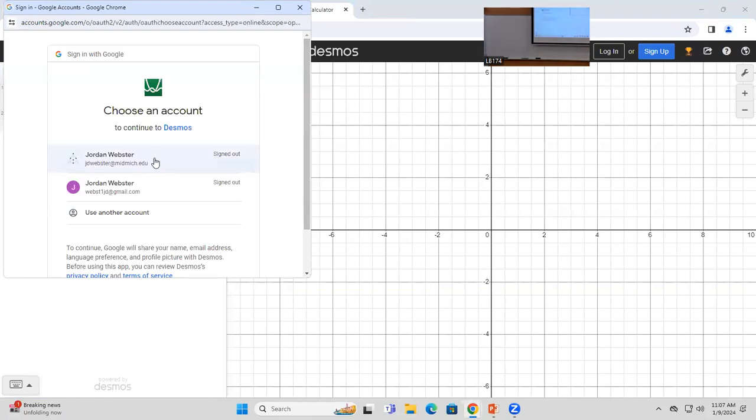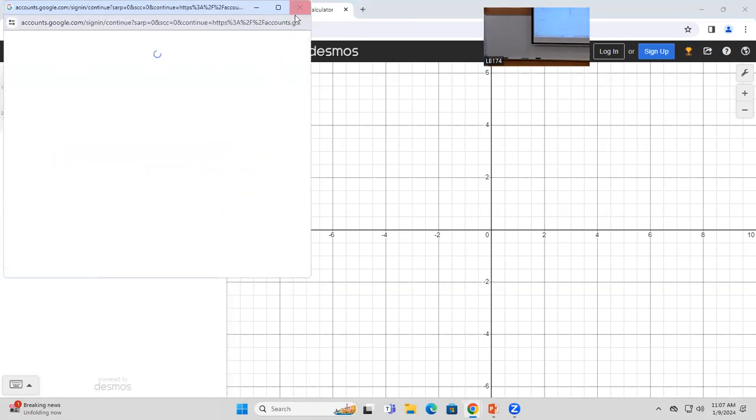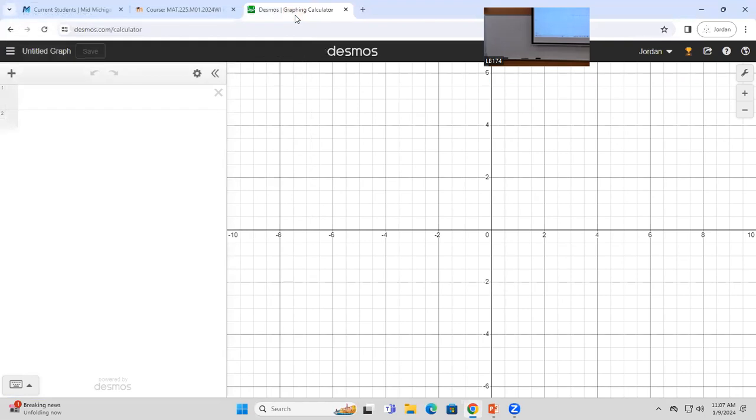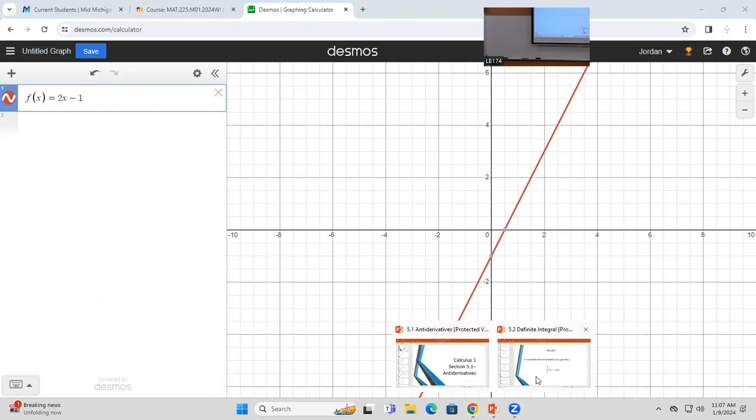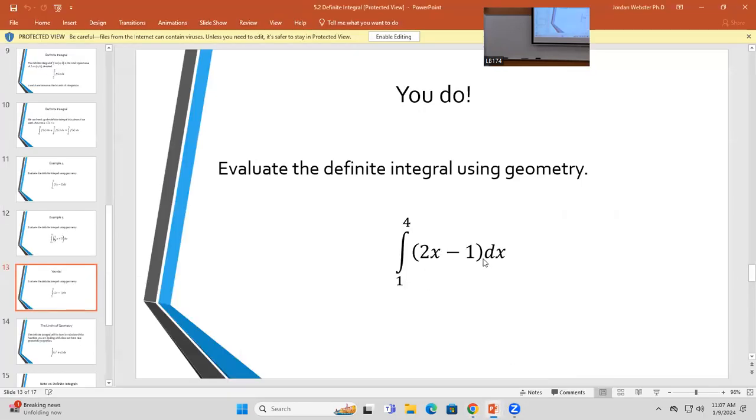So I'm logged in. And this is a free, open source calculator. Let's take f of x equals 2x minus 1, and I'm going to look at the area from 1 to 4.